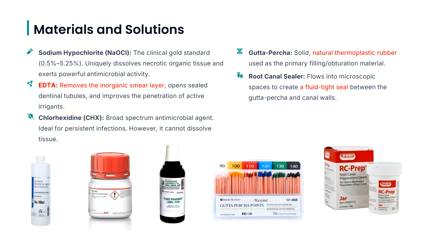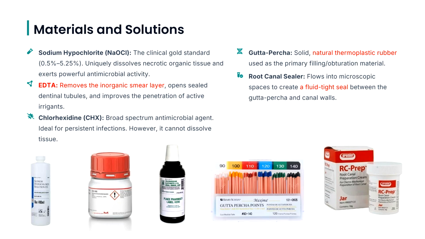Then finally, we got to talk about materials and solutions. So we've got on this side our liquid medicaments: sodium hypochlorite, EDTA, chlorhexidine. Have you guys done your assignment on what is EDTA? Yeah. So you guys know what EDTA is.